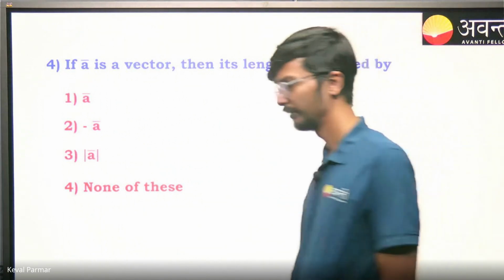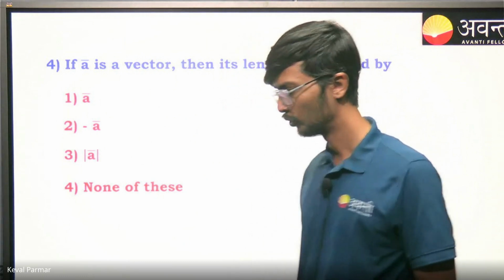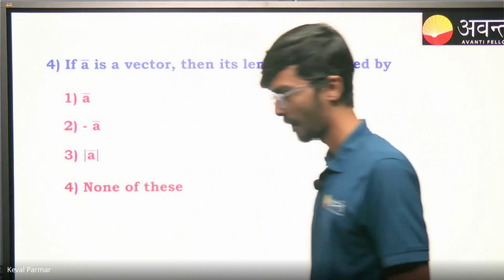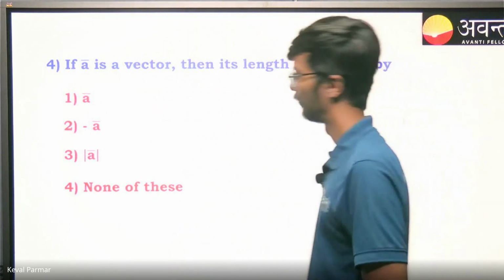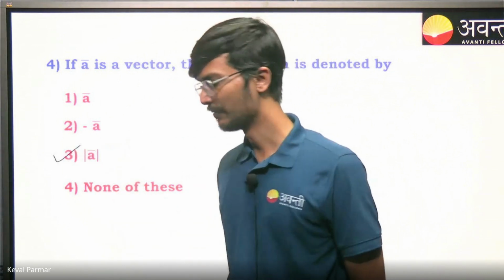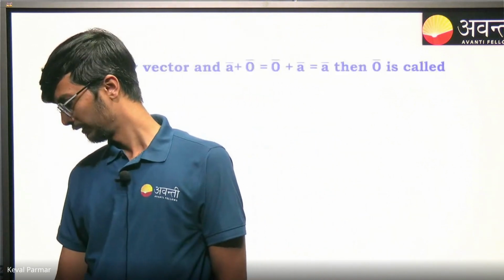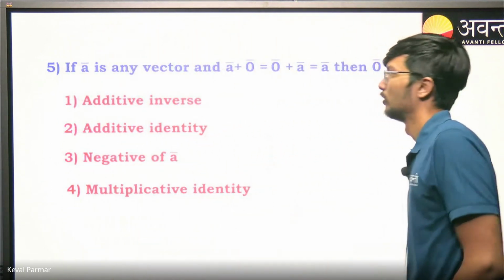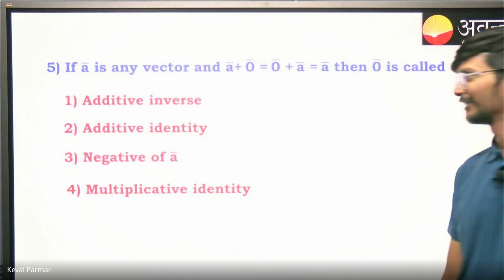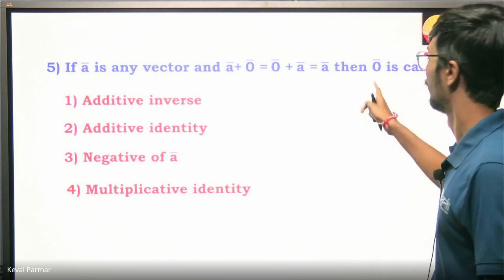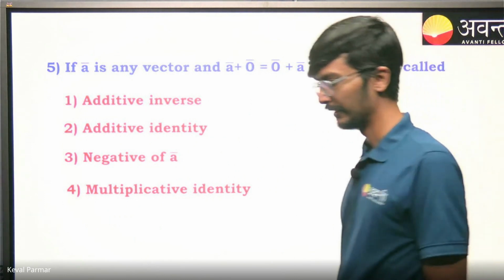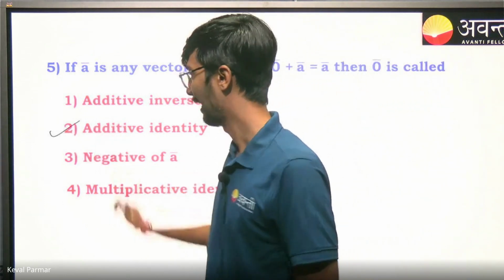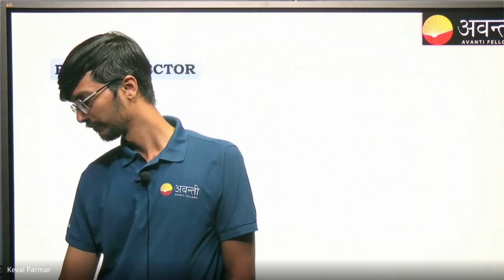What is the answer of this? 3. Superb. Mod of a bar. Let's see the next one. This we discussed just now. Then 0 bar is called option 2, additive identity. Superb.